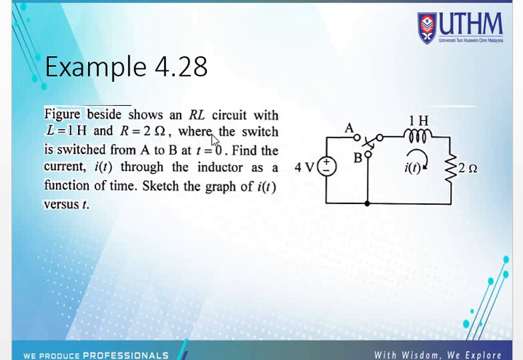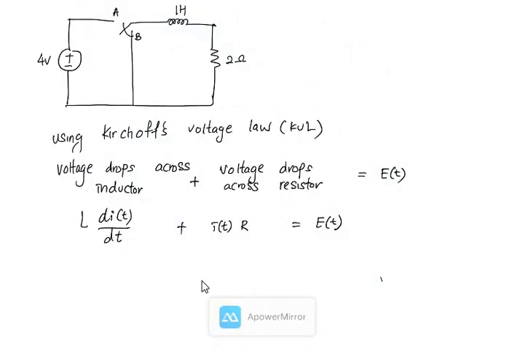The question said the switch goes from A to B at t equal to 0. This means that for t less than 0, the voltage is 4. And for t more than or equal to 0, it is 0, since the switch is switched from A to B at t equal to 0.